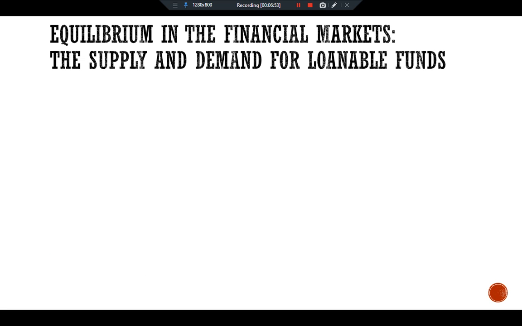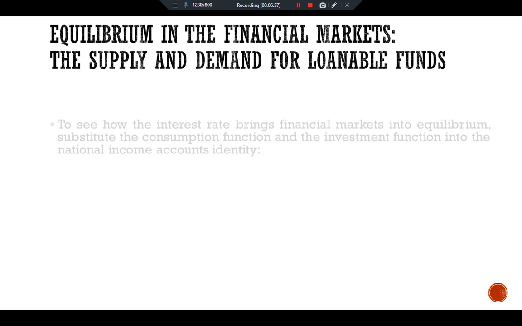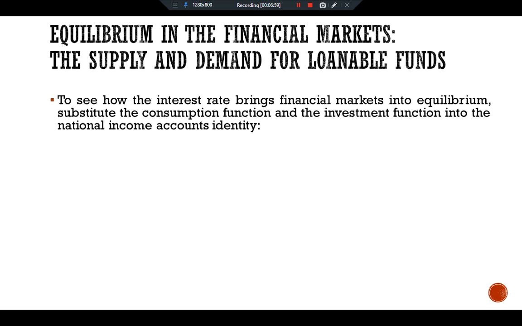Okay, while talking about the equilibrium in financial markets, the supply and demand for loanable funds, to see how the interest rate brings financial markets into equilibrium, substitute the consumption function and the investment function into the national income accounts identity. We get Y − C(Y − T) − G = I(r).